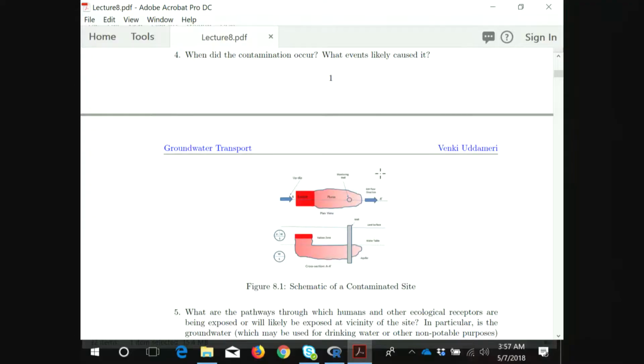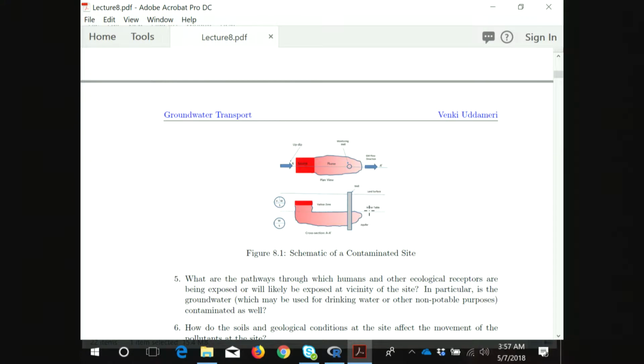In addition to humans, we also look at what are called ecological receptors. Ecological receptors are like fish, like plants, because we also get indirect exposure.